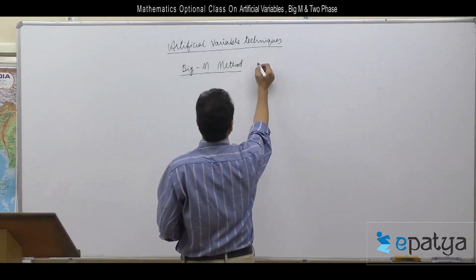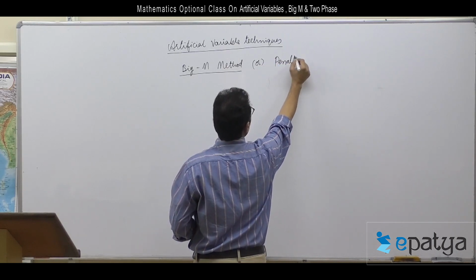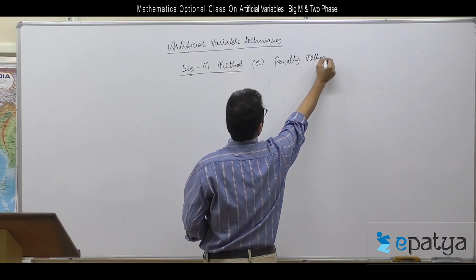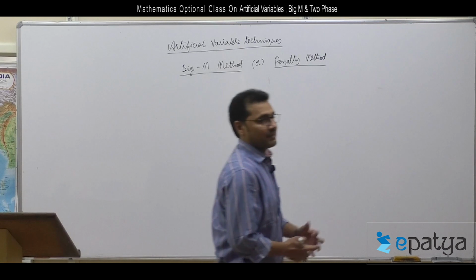This is also called, you should know the alternative methods, the penalty method. Penalty here is the big M itself.